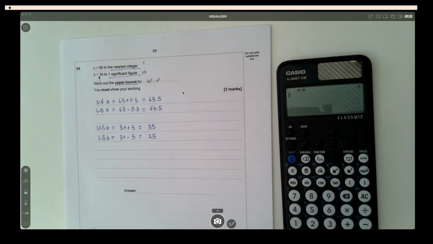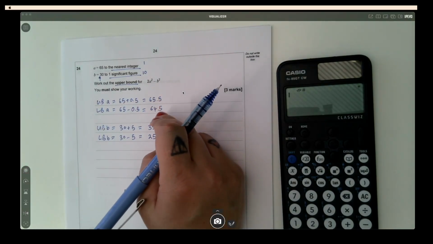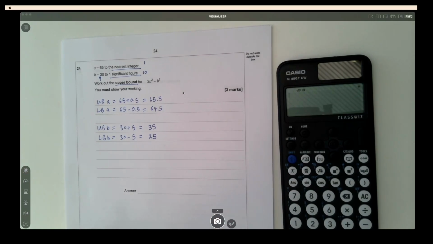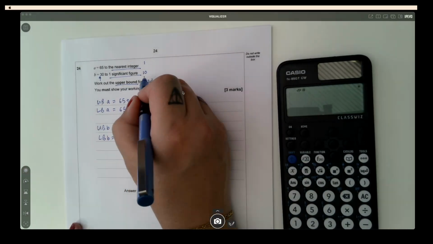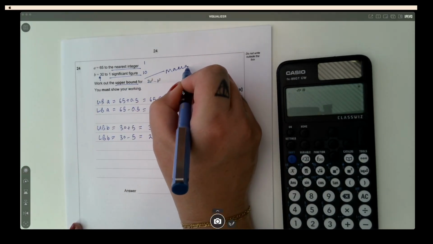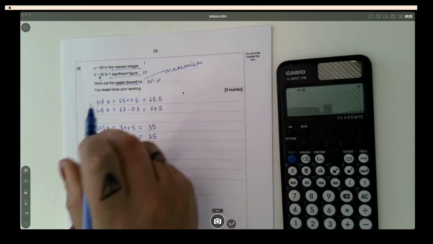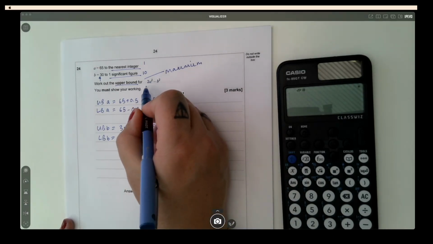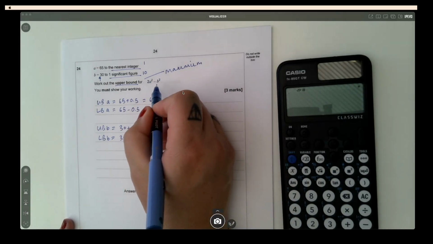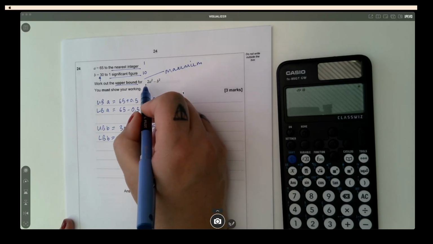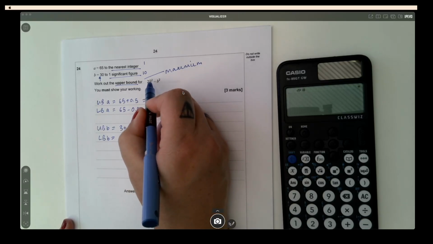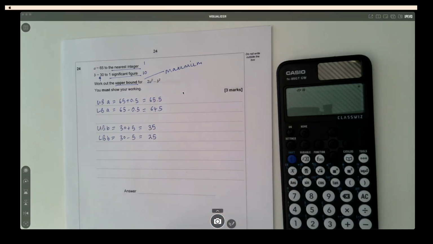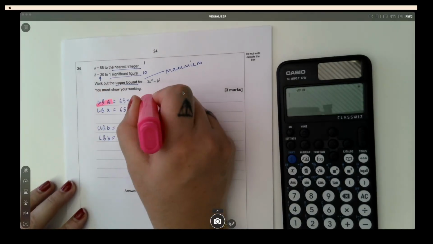Now we need to look at these calculations and figure out which value for A and which value for B we're going to use. So we want the upper bound, so we want the maximum answer for this calculation, the biggest answer we're going to get. So to get the biggest answer, we want to use our biggest number subtracting our smallest possible number. So if we want 2a squared to be our biggest number, we're going to have to use the upper bound of a.